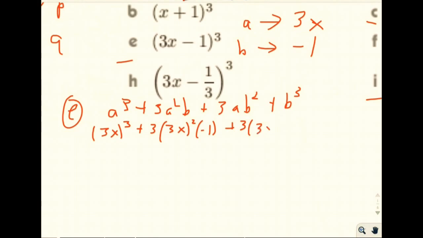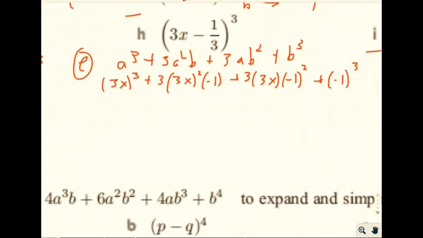And then we would have 3 times 3x times negative 1 squared plus b cubed, which is negative 1 cubed. Now you really need to be good at your exponents that hopefully you reviewed in our past unit.